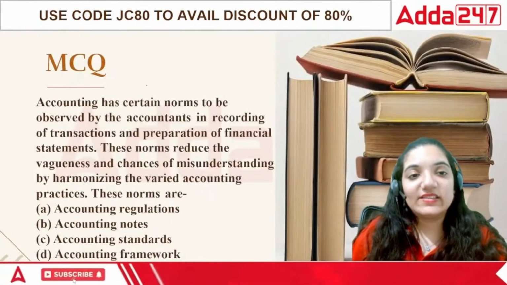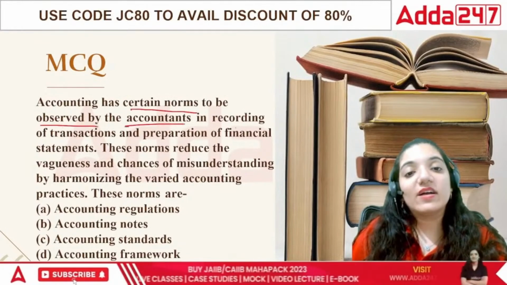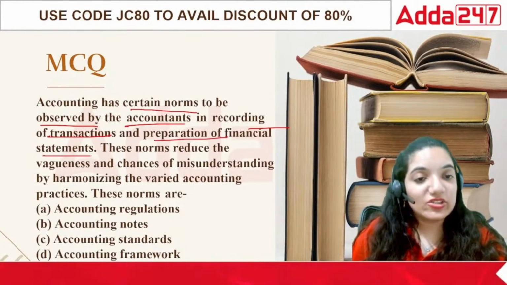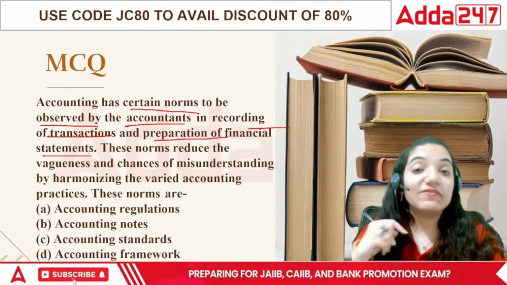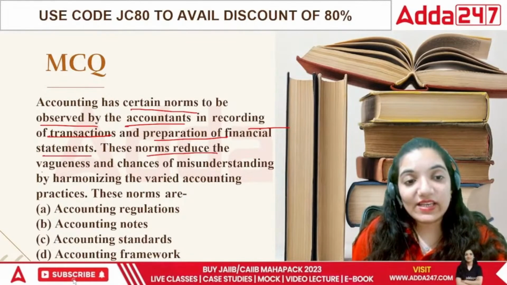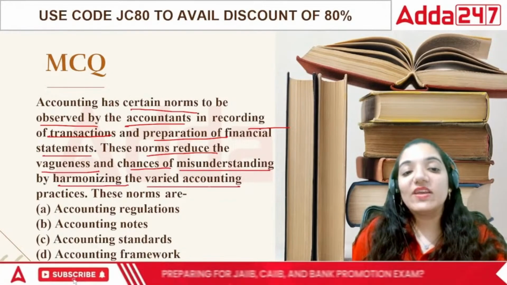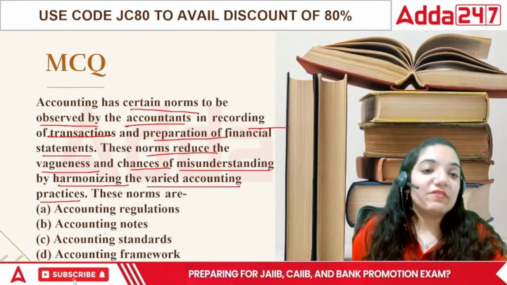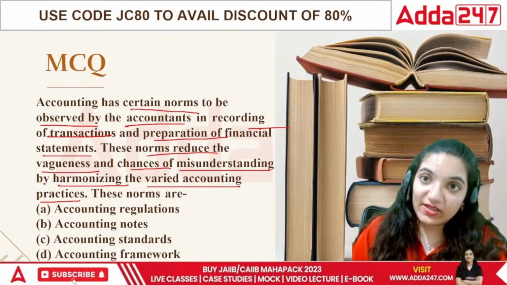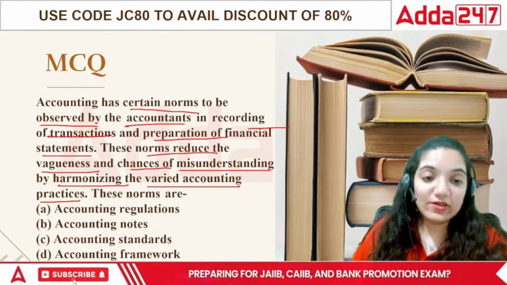Next question. It says accounting has certain norms to be observed by the accountants in recording of the transactions and preparation of the financial statements. So accounting has a very important role to play. These norms reduce the vagueness and chances of misunderstanding by harmonizing the varied accounting practices. Is this the definition of accounting regulations, accounting notes, accounting standards, or accounting framework?